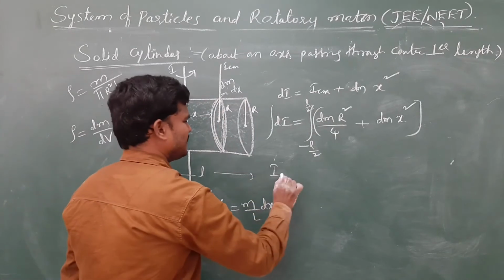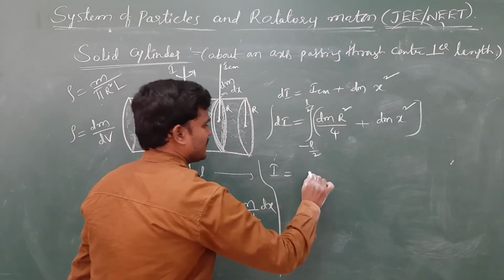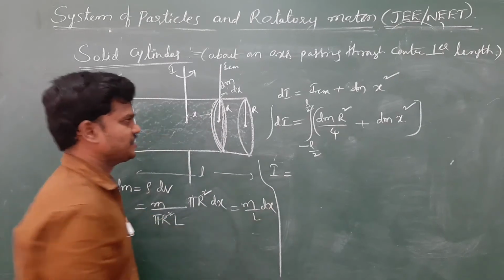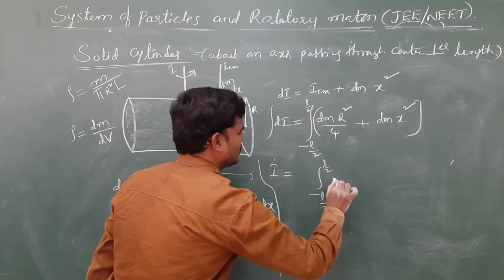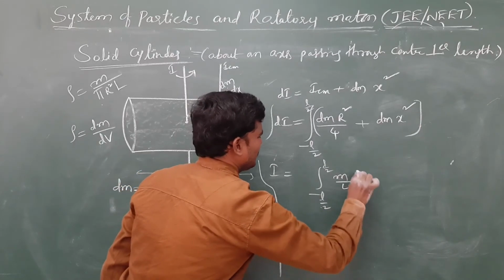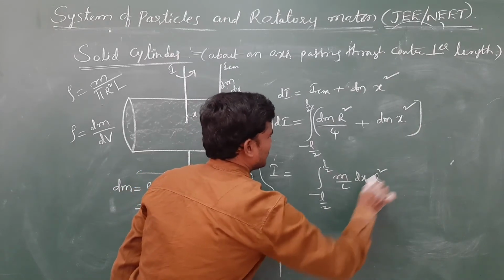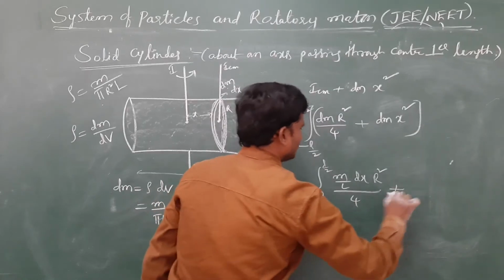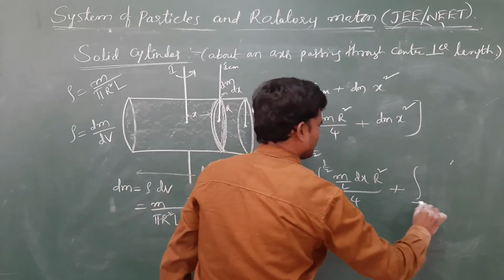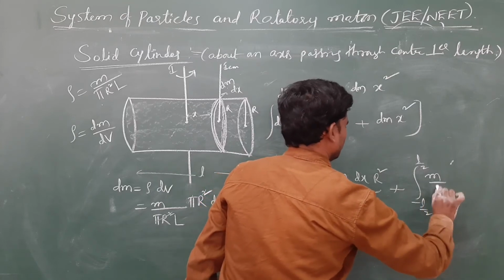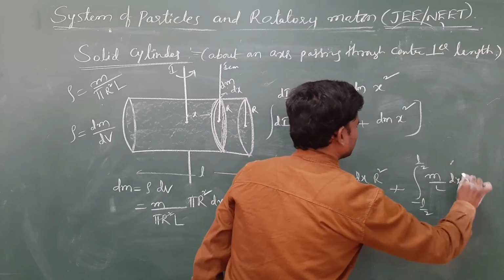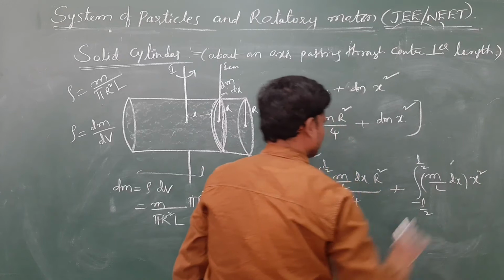This is I. What is dm? M by L dx. Integration from minus L by 2 to plus L by 2 of m by L dx r square by 4, plus integration from minus L by 2 to plus L by 2 of m by L dx x square.